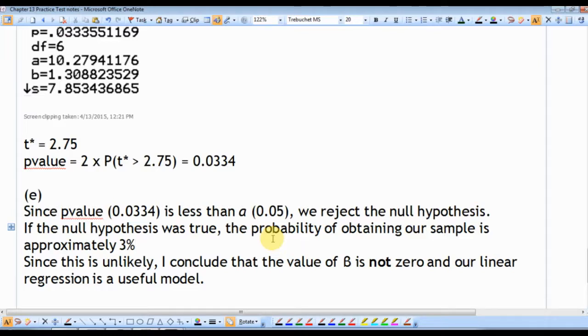Since this is unlikely, we conclude that beta is not 0 and the linear regression is a useful model. It may not be the correct model, but it's a useful model.